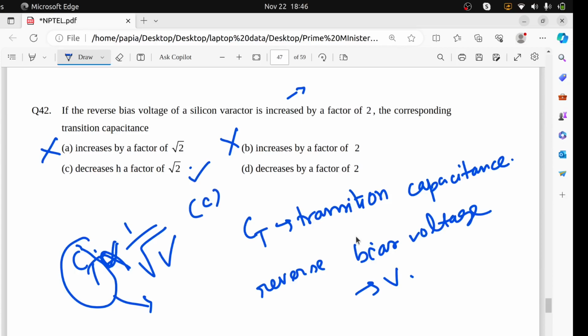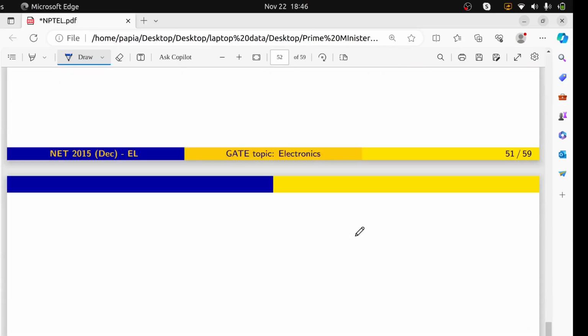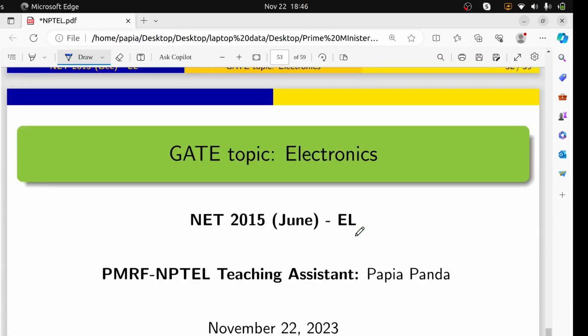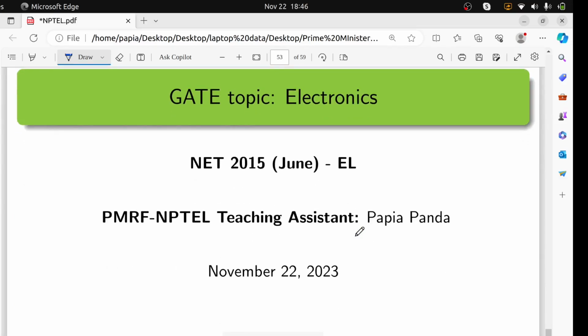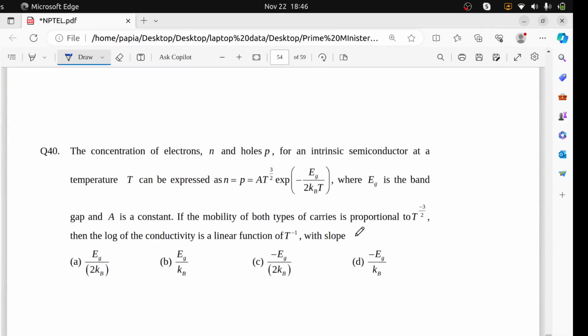Okay, so now coming to the next question. Next question I have taken from CSIR NET 2015 June question paper, and the question is this one. Question number 40.